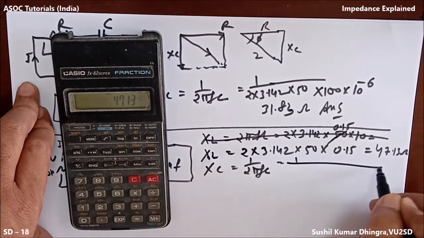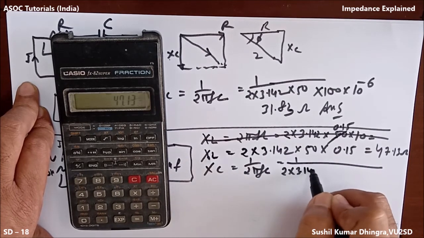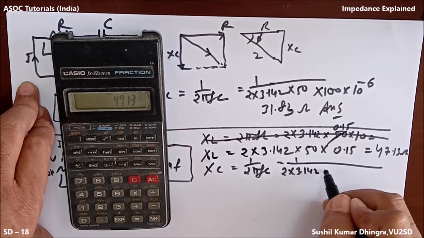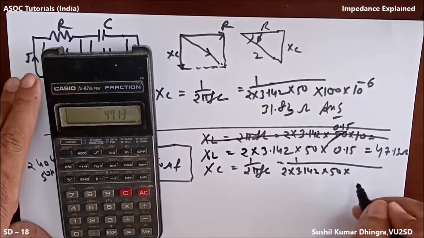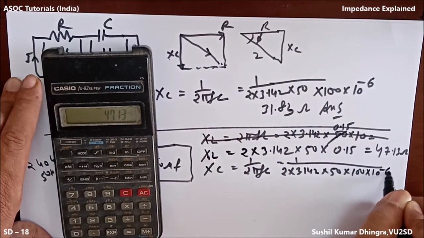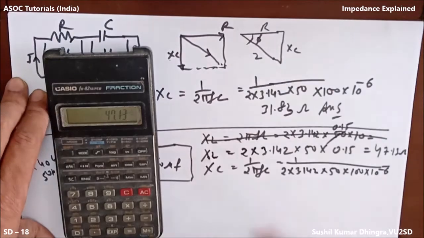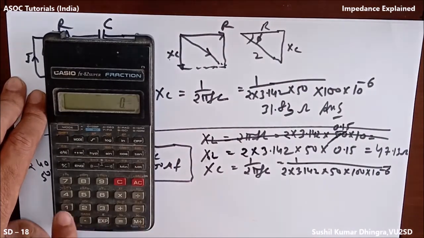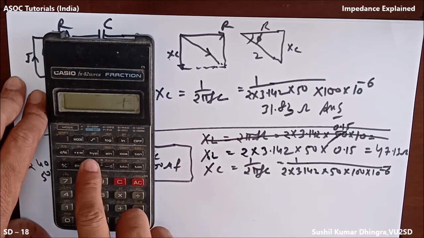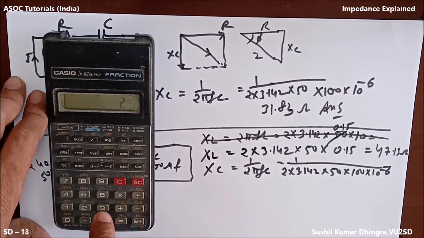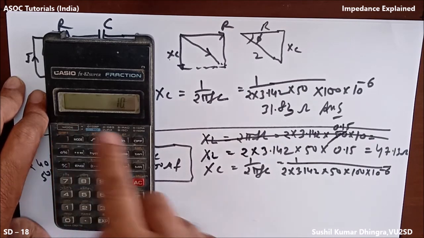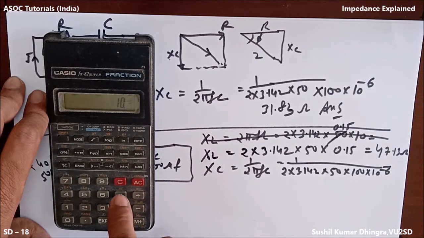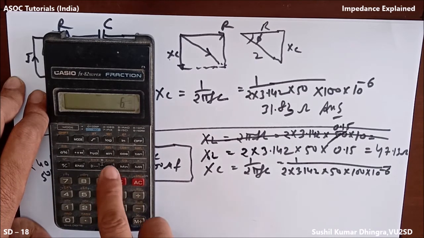Now going next, XC is 1 by 2 pi FC. This is equal to 1 by 2 into 3.142 into F 50 into C, where C is 100 microfarad, 100 into 10 raised to power minus 6. So, repeating: 1 divided by bracket start 2 into 3.142 into 50 into 100 divided by 10 raised to power 6, bracket close.